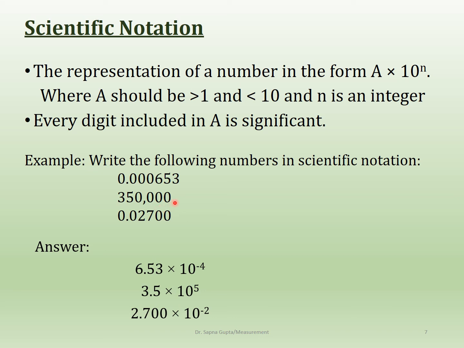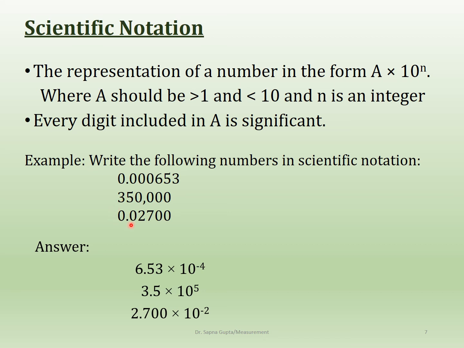If it's not visible, it means it's after the last number. So if it's over here, then you go 1, 2, 3, 4, 5. So it's 3.5 times 10 to the power of 5. That's what this number will be if written in scientific notation.